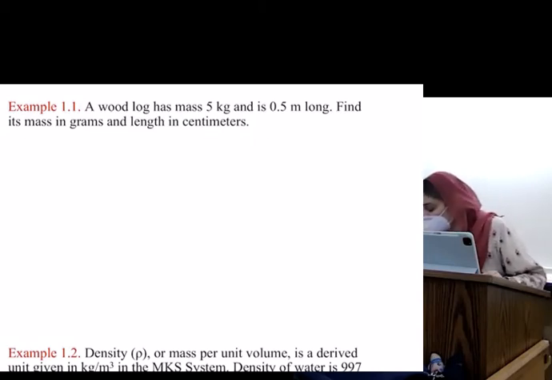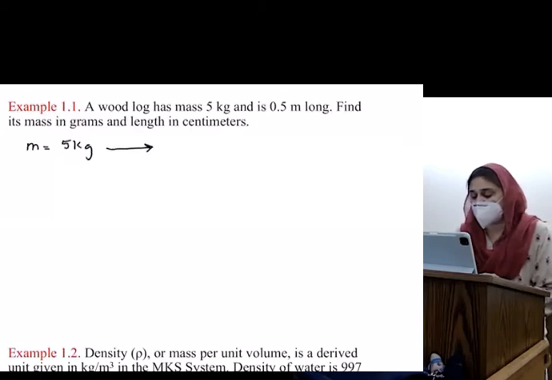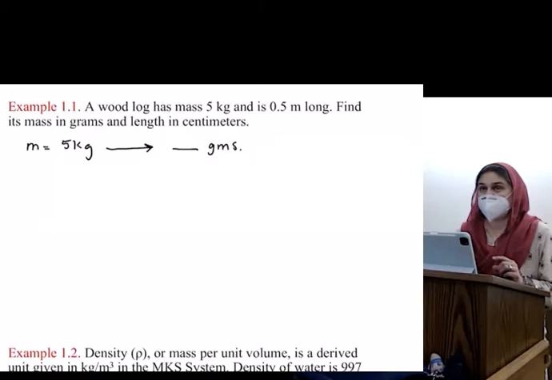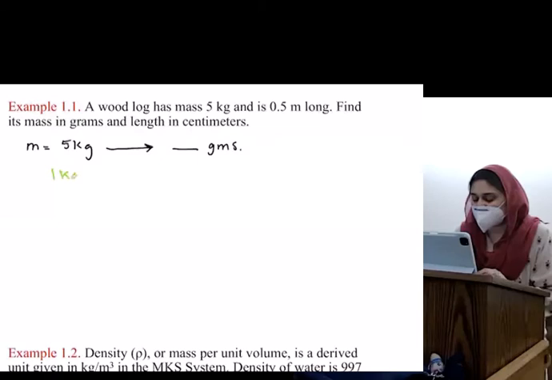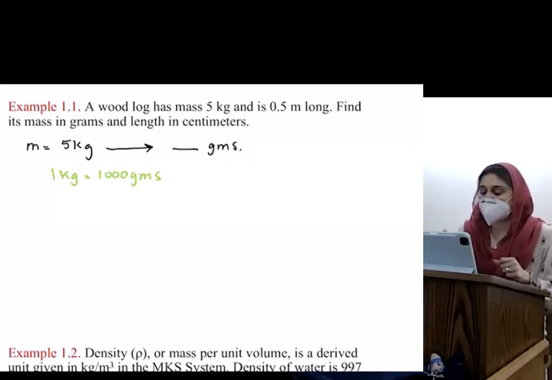First of all, the easiest one will be, may I write this down, I am given a mass of 5 kilograms and I have to convert it to grams. That means somehow I have to get rid of the kilograms there, right? What do I know? How many grams in a kilogram? Excellent. So I know that in 1 kilogram, there are 1,000 grams. That's what I know. So how do I do this?